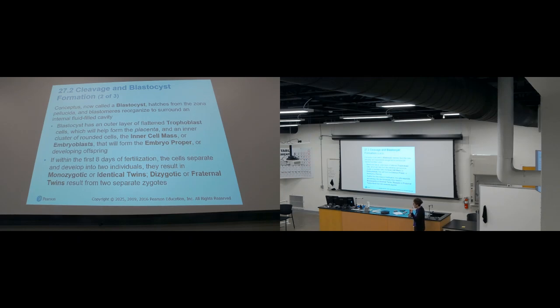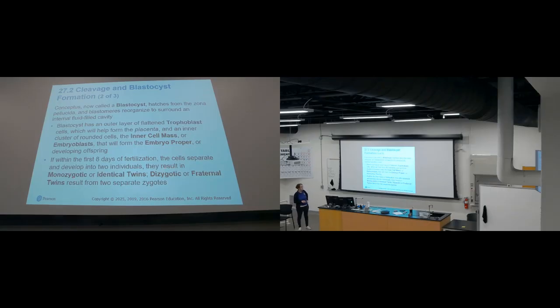And then you will have the implantation of this blastocyst in the superior posterior part of the uterus, typically on day 7. And if the cells separate, you can have twinning. So this will be what is called monozygotic or identical twins.